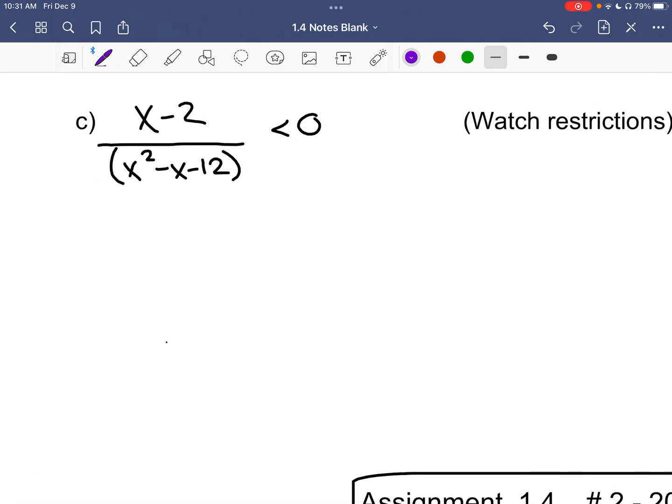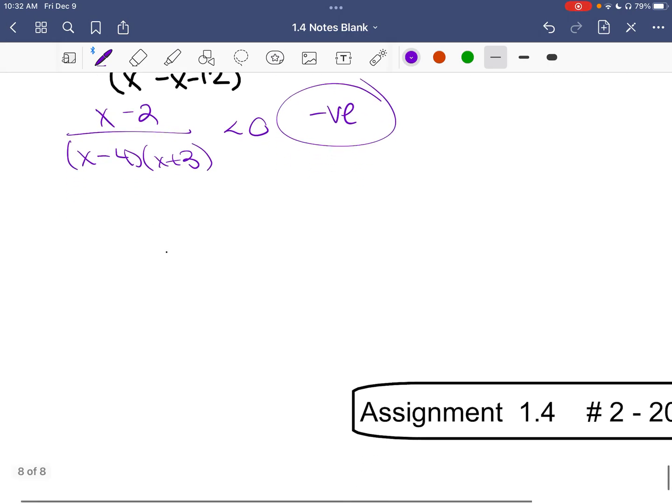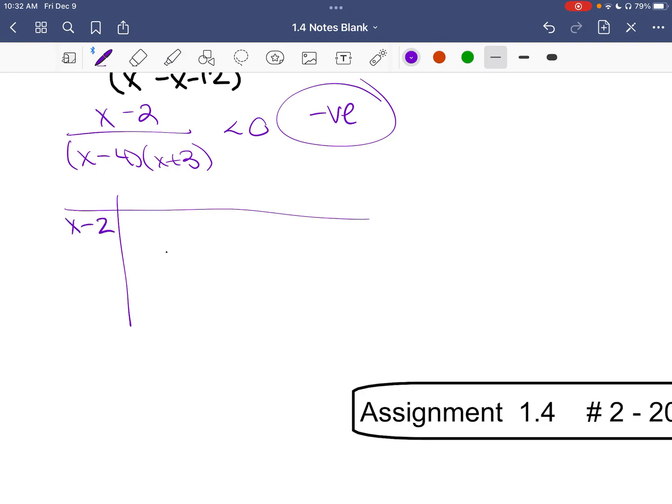All right, so this function, if we're doing sign analysis, we're going to factor. So factoring our denominator, we want x minus 4, x plus 3 is less than or equal to 0. Less than or equal to 0 just means we are looking for negatives again. When we put this into our sign analysis, we write down all of our factors.